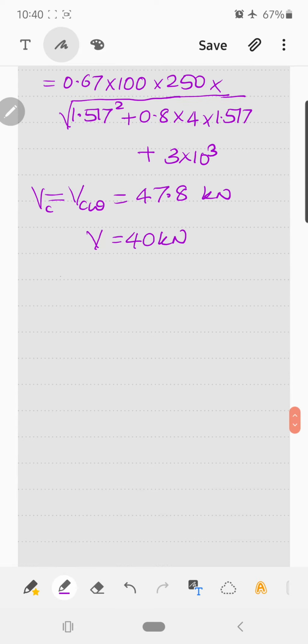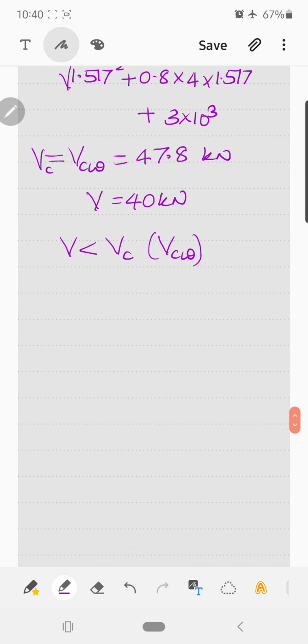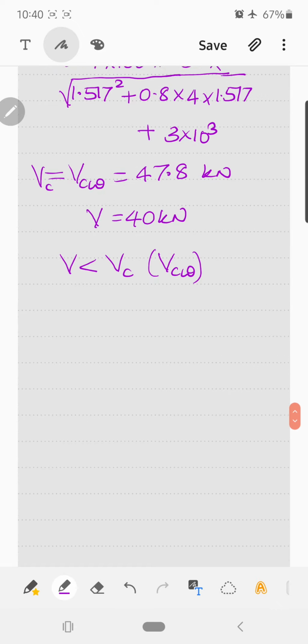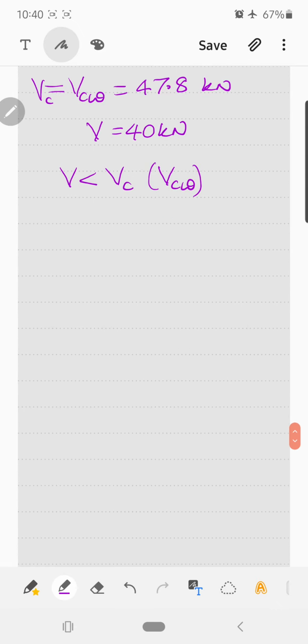So V is less than VC or VCW. So it is the first case where you have to provide nominal shear reinforcement. And of course it is greater than 0.5 VC. V is greater than 0.5 times VC, so it is not the second case, it is the first case only.